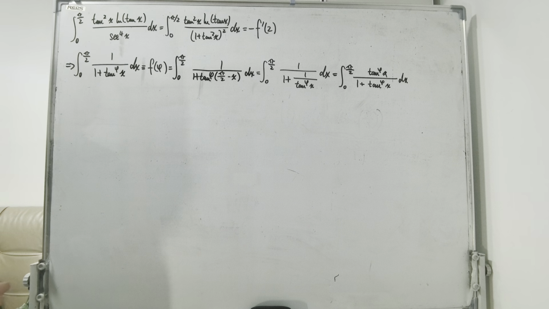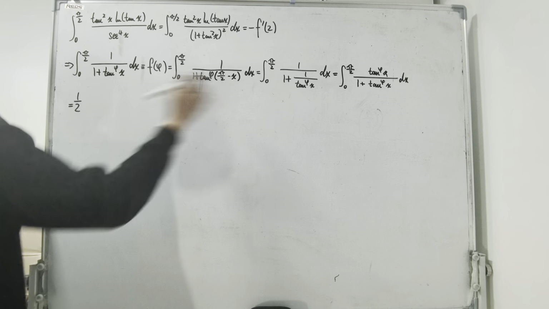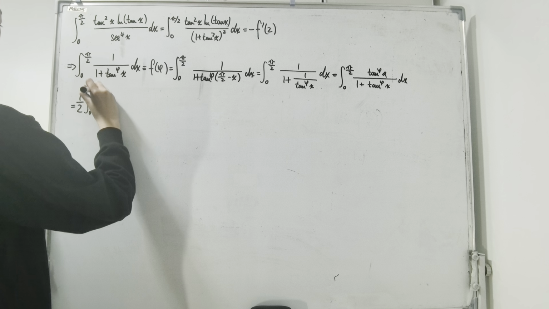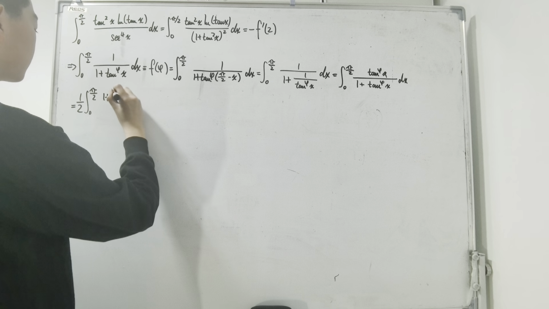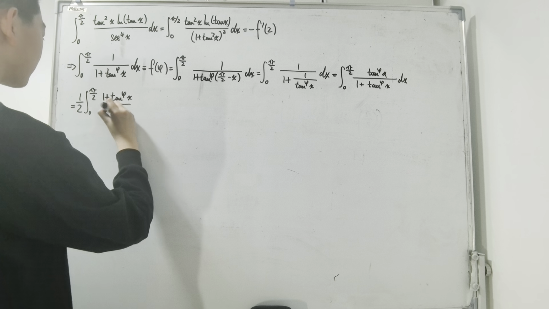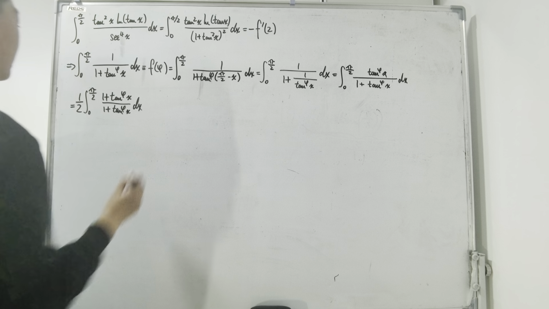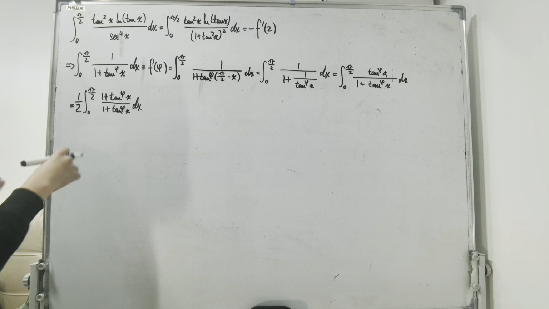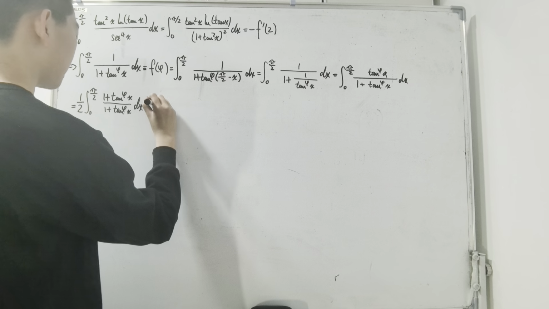So this is equal to 1/2 the sum of these two, the integral from 0 to pi over 2 of 1 plus tangent to the phi of x over 1 plus tangent to the phi of x dx. And then this thing cancels out, so it's just the integral of 1 dx from 0 to pi over 2, which is just pi over 2, times 1/2, we have pi over 4.